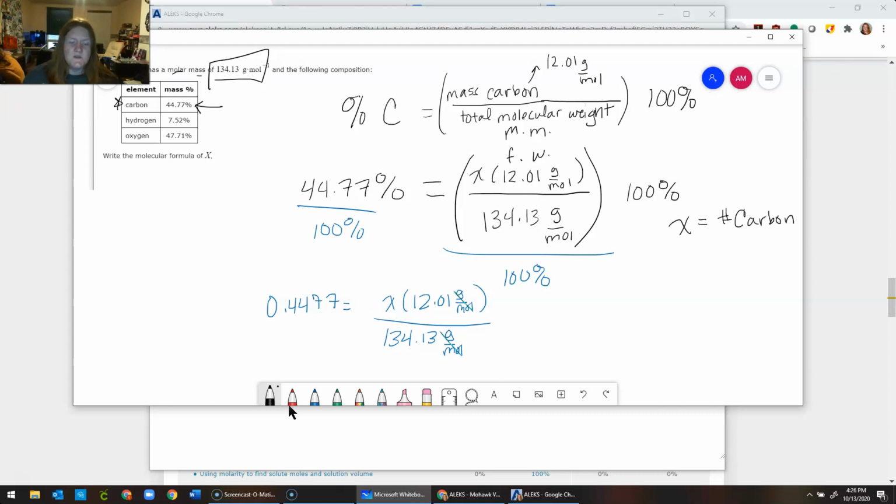All right. And then to solve this, we will next multiply by 134.13. Oh, we canceled that unit. So now I don't even have a fraction anymore.